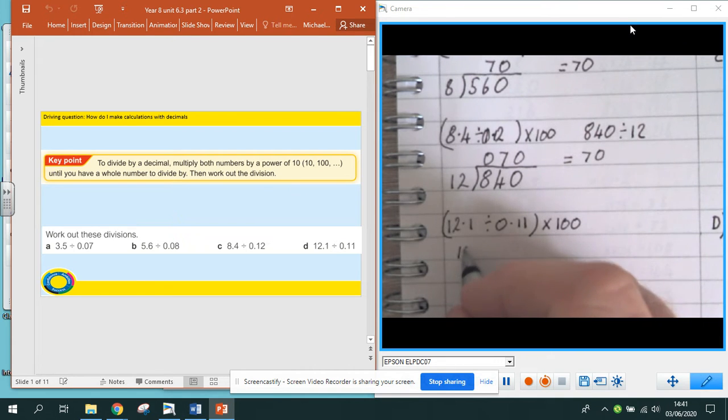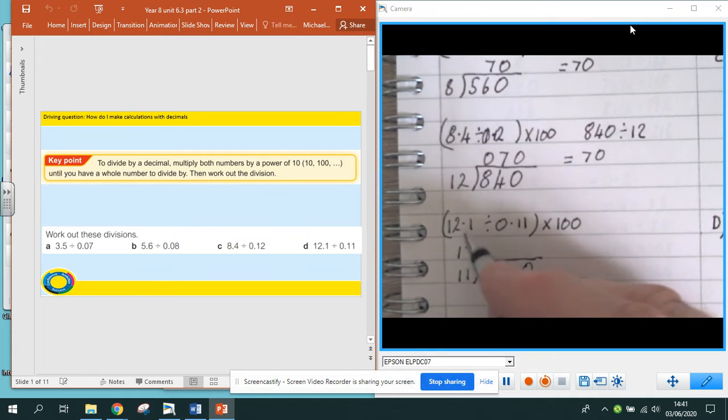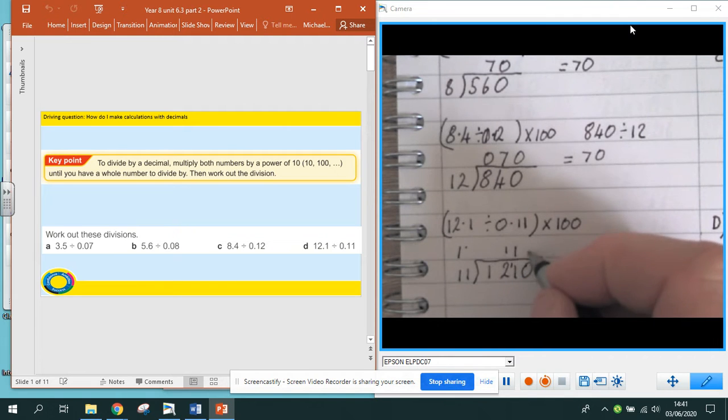So that will give me an 11 on the outside and 1210 on the inside, so I've multiplied that by 100. How many 11s in 1? None. How many 11s in 12? 1, carry 1. How many 11s in 11? 1. How many 11s in 0? None. So my answer here is 110.